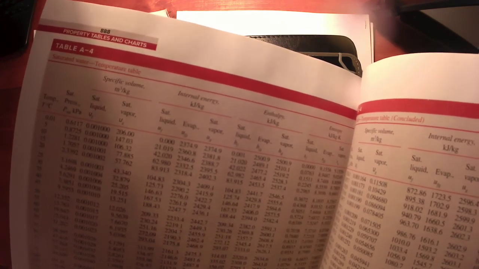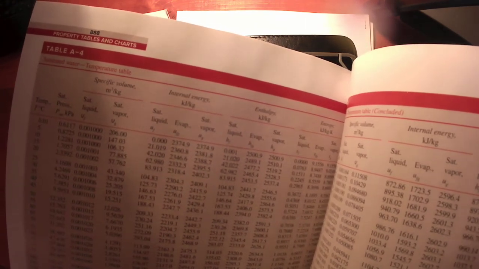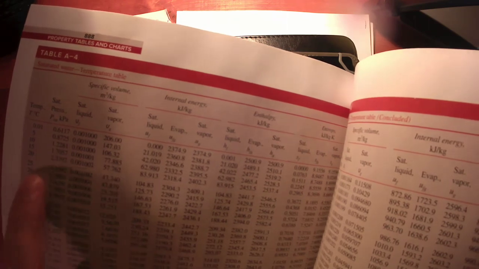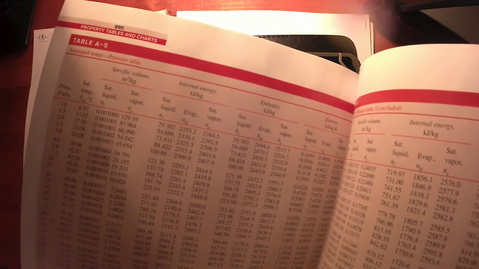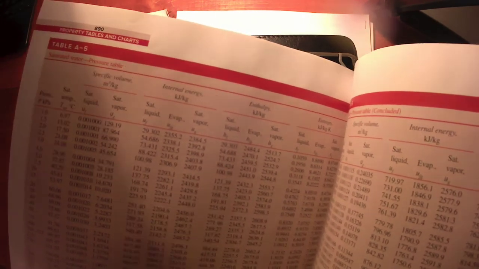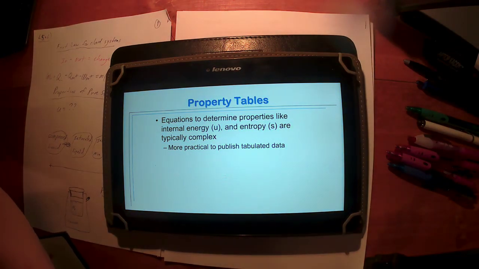Have some way so when you're working your homework, you've got those next to you. So again, table A4 is saturated water temperature values on the far left column. The next table is table A5, and I'm going to stop there. We'll pick up talking about table A5 on the next one.